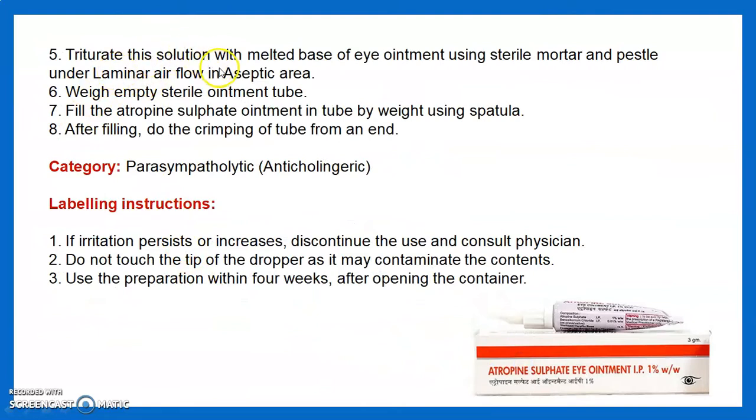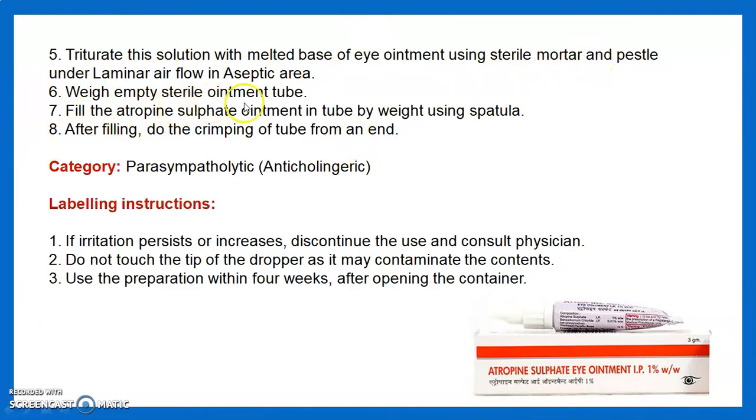Then triturate the solution with the melted eye ointment base using a sterile mortar and pestle. We can use the autoclave for sterilization of the mortar and pestle, or we can sterilize them under laminar airflow.